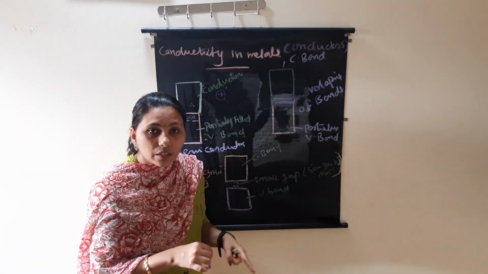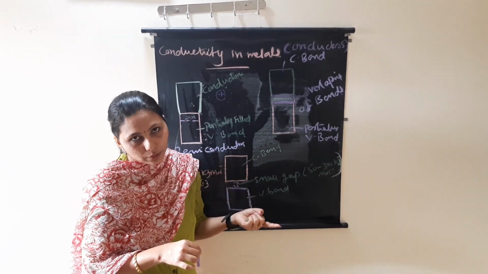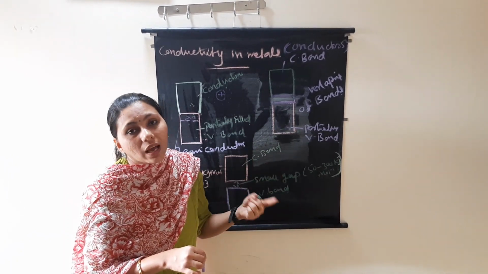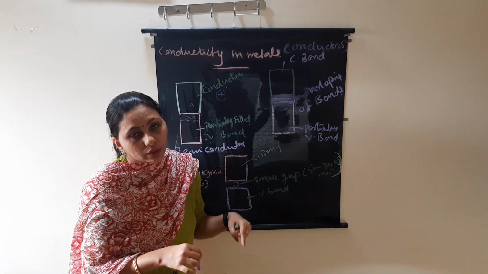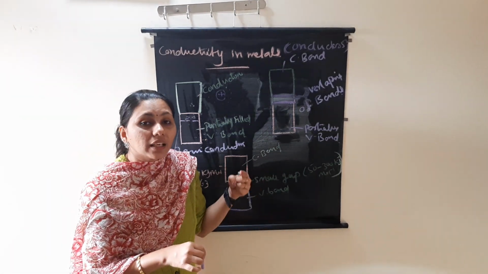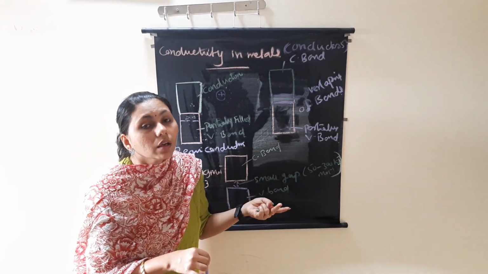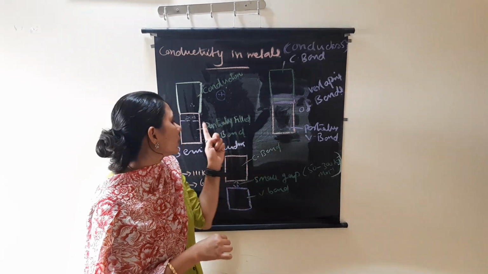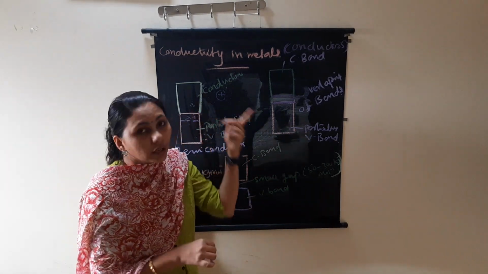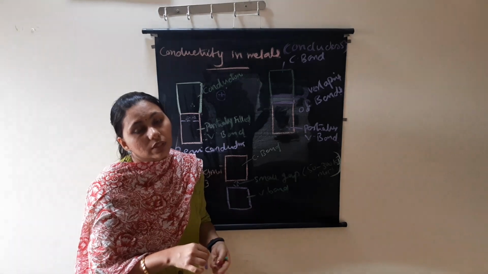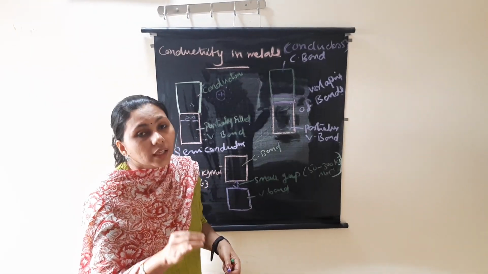So metals have a partially filled valence band and a conduction band, or overlapping valence band and conduction band. When voltage is applied, electrons are excited from the valence band to the same valence band or to the conduction band, and these electrons are responsible for conductivity in conductors.